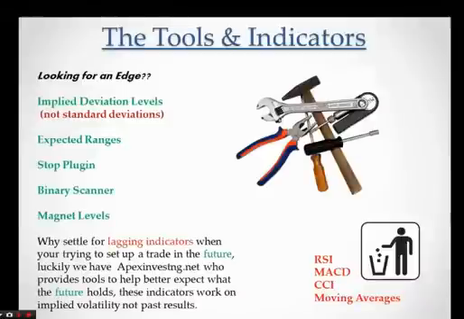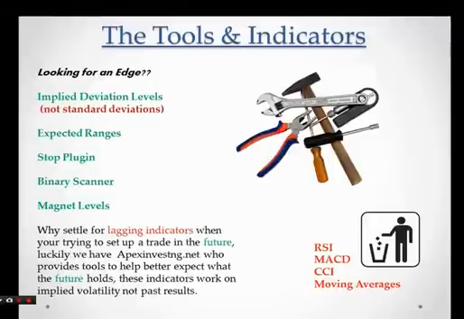Alright, I would first like to start talking about some of the tools and the indicators that we use for this strategy here. They are a little bit different than your traditional tools, which I have down in the lower right corner here.